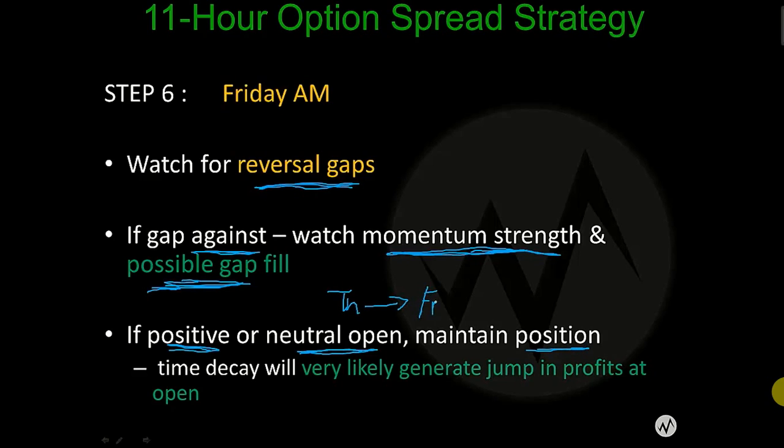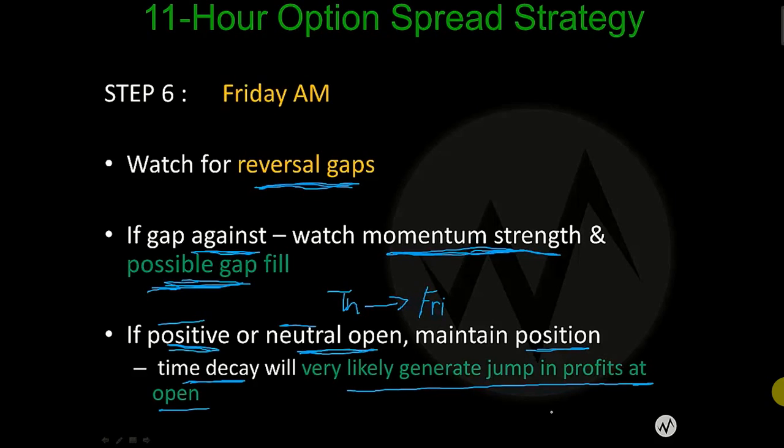So time decay will very likely generate a jump in the profits in your positions at the open. Okay? If it's moving your way, if it's positive, or if it's even neutral. Okay? It closes at 100, it opens at 100. Guess what? Time passed from Thursday to Friday, and then time decay in those options will likely generate a jump in profits.